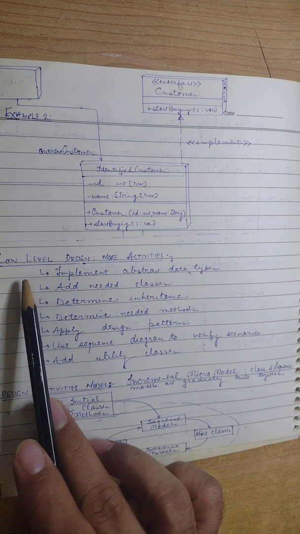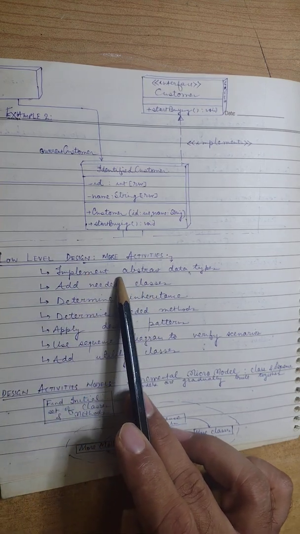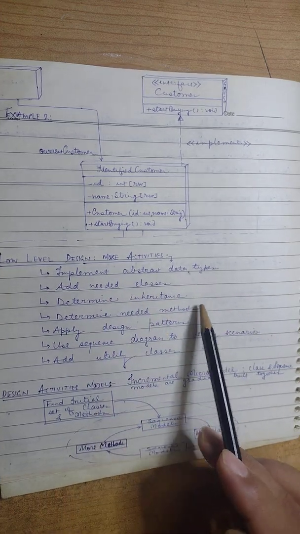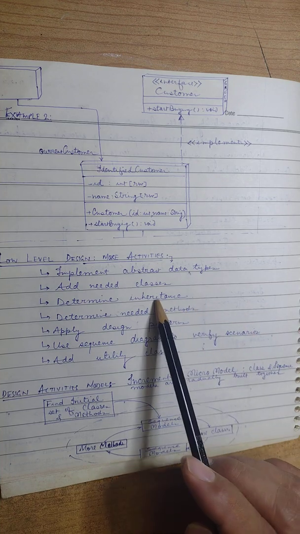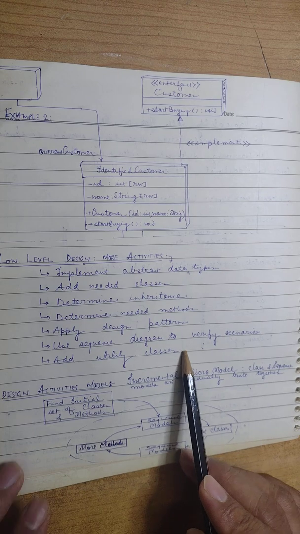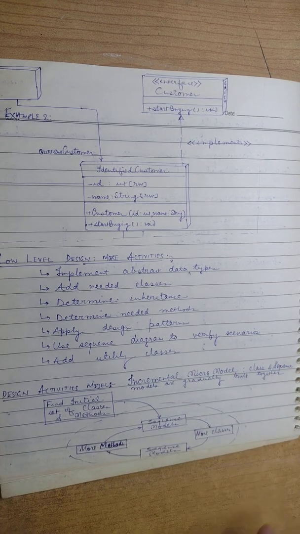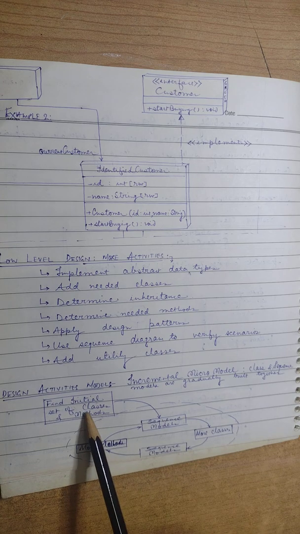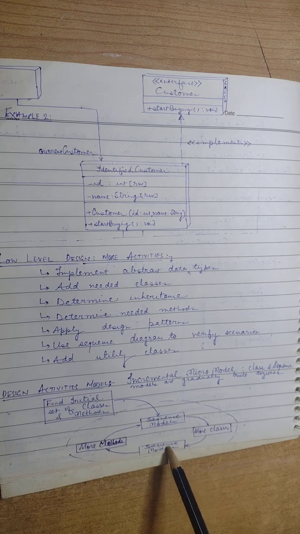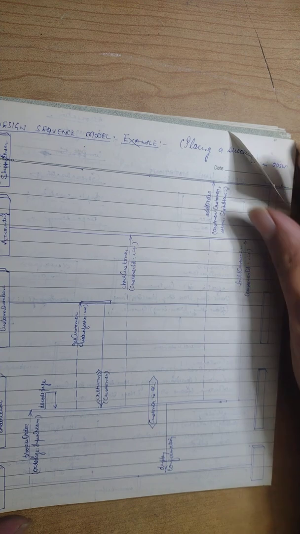In lower level design, we implement the abstract data types, we add more classes, we use the concept of inheritance, and methods are also being identified. So design activities would include your sequence modeling, adding more classes, and modeling is done again, and like this the loop will go on continuously.